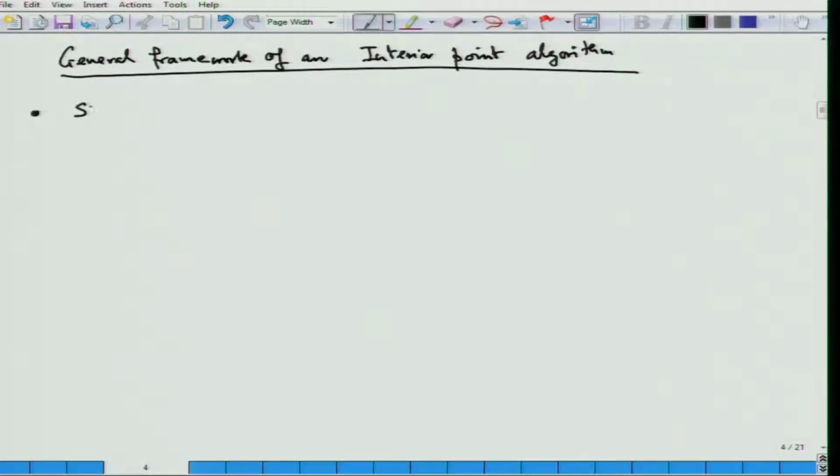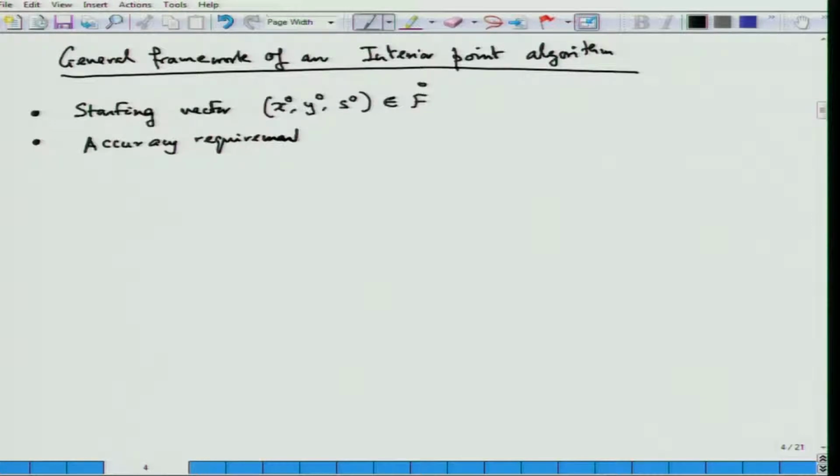So, we assume the starting vector is an element of F naught, that is given to me. The accuracy requirement, the precision epsilon, is also given. This is the initiation of the algorithm.